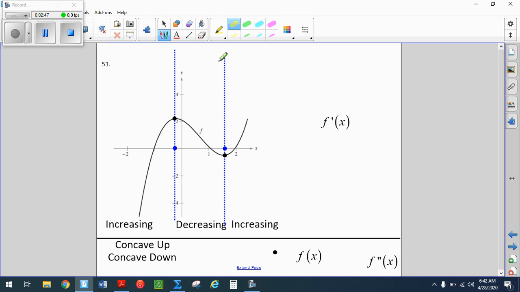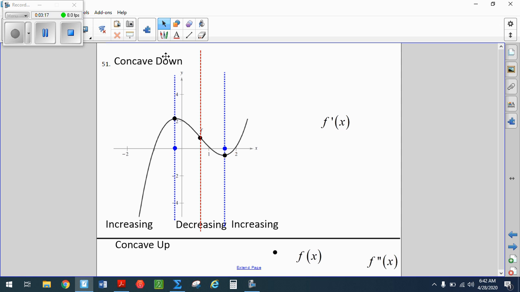I can also look at my graph and I can see that I have an inflection point right below really where the f is. And so if I draw a line through that inflection point, just for a boundary sake, I can say that to the left of that line, so from negative infinity to this point on f, my graph is concave down.